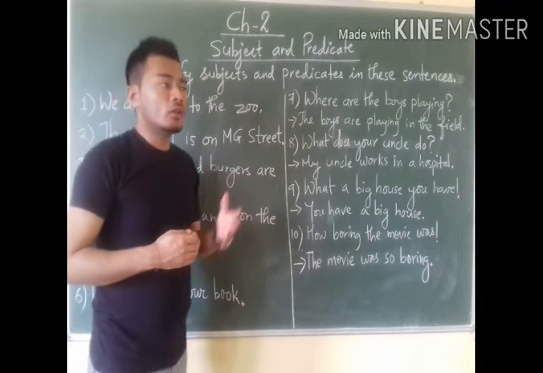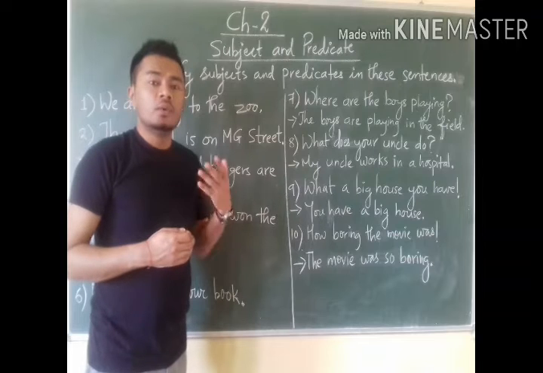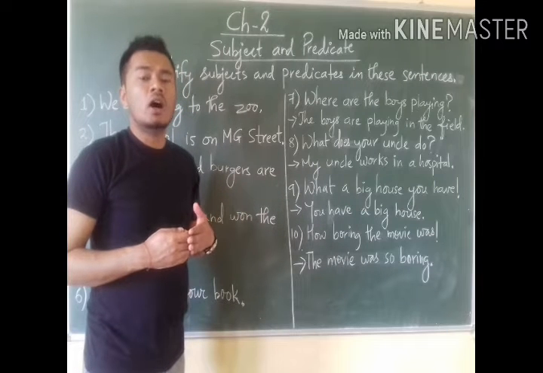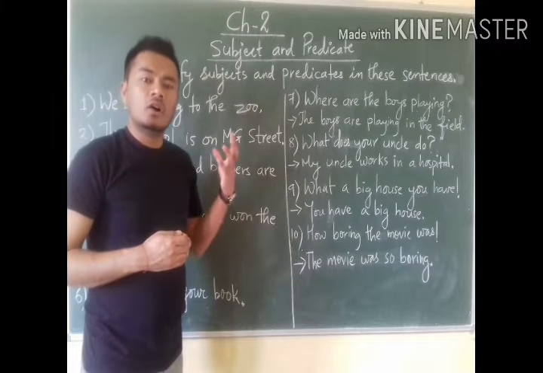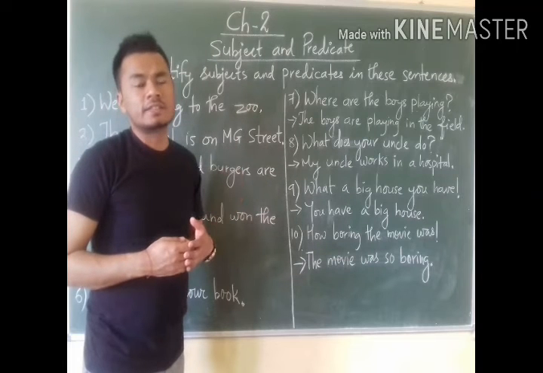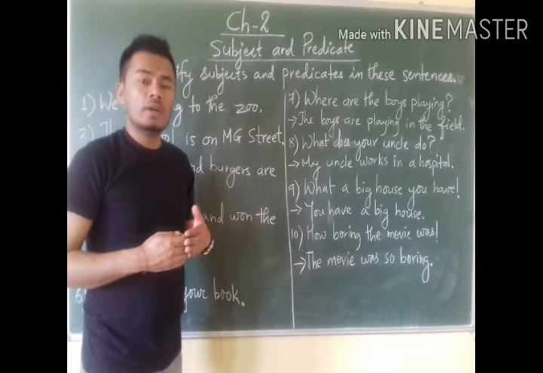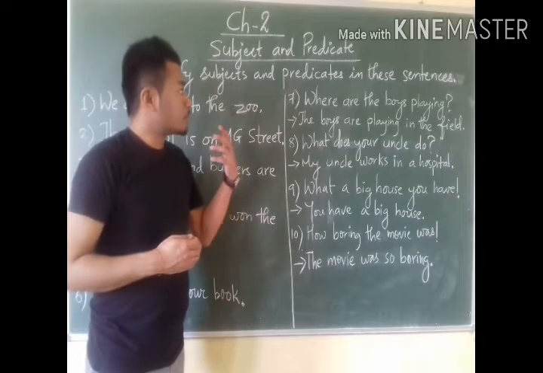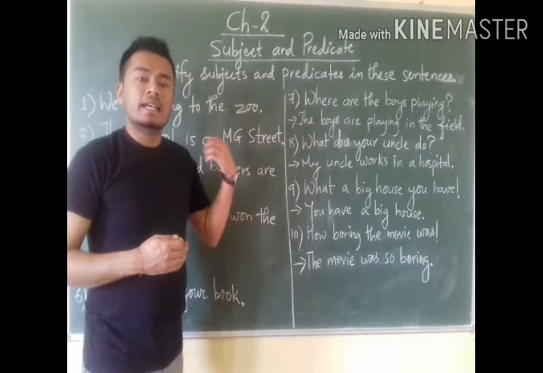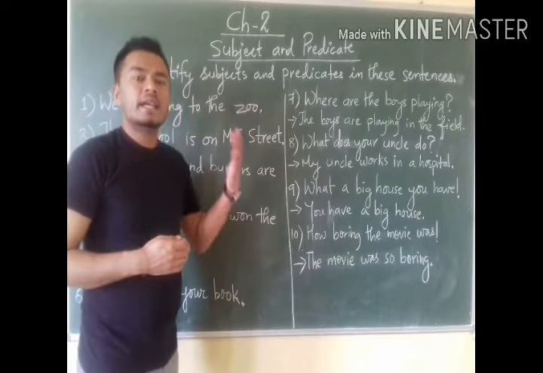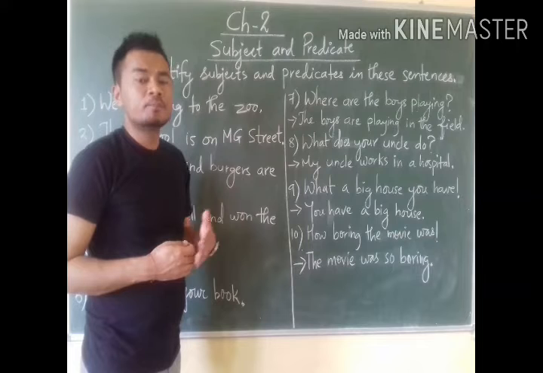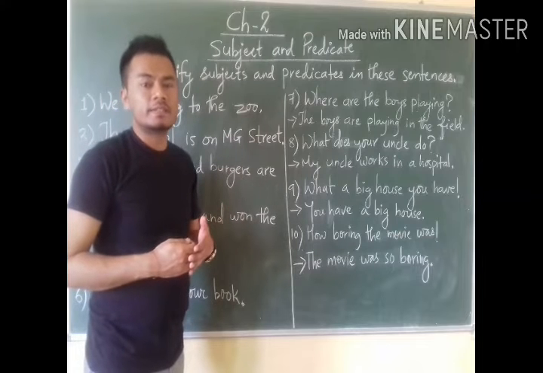Now, in this class, we will learn how to identify subjects and predicates in all these kinds of sentences. That means how to identify subjects and predicates in assertive sentences, imperative sentences, interrogative sentences, and exclamatory sentences.